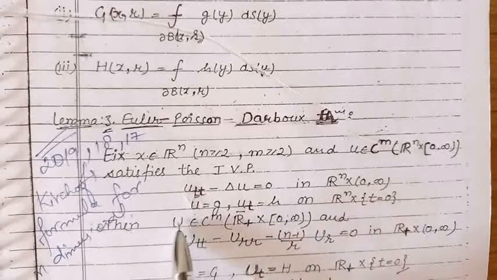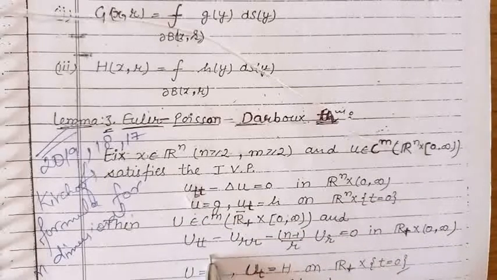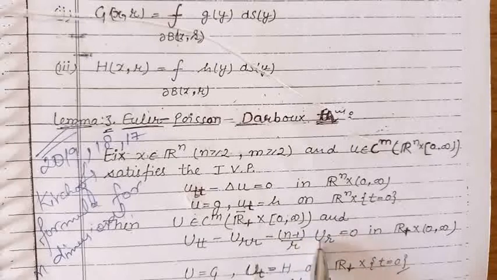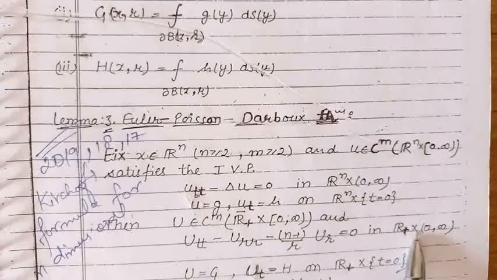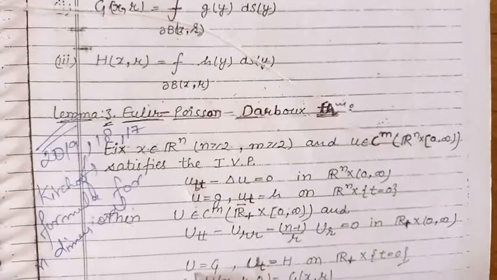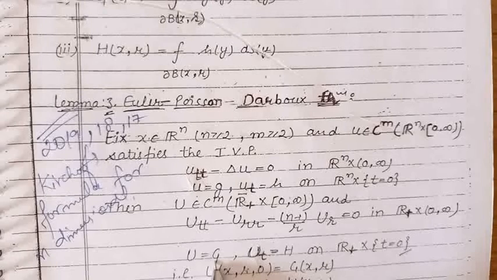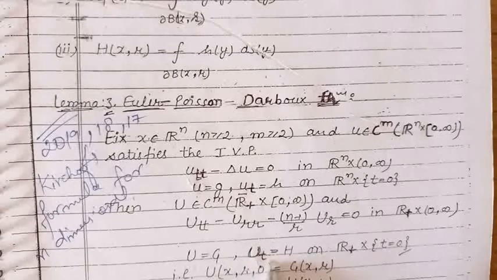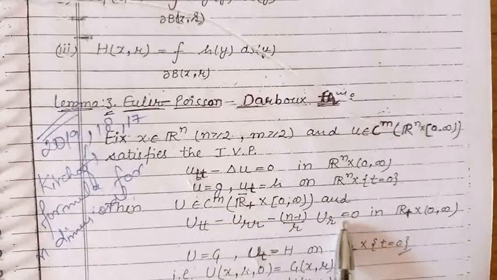And we are to prove that U solves the partial differential equation ∂²U/∂t² minus ∂²U/∂r² minus (n minus 1)/r times ∂U/∂r is equal to 0 in the space R plus cross open interval 0 to infinity, with the initial conditions that the value of this function is G when time is 0 and its partial derivative with respect to t is H. So this partial differential equation is called the Euler Poisson Darboux equation.